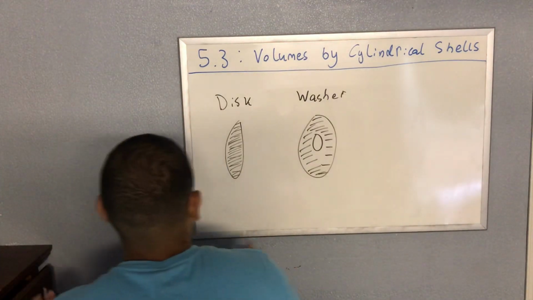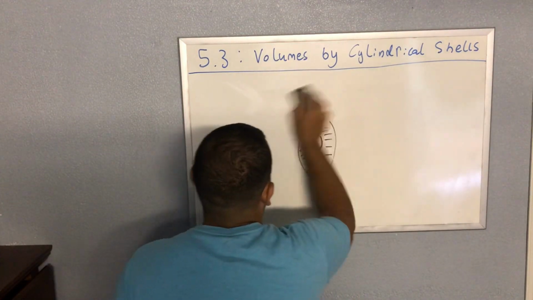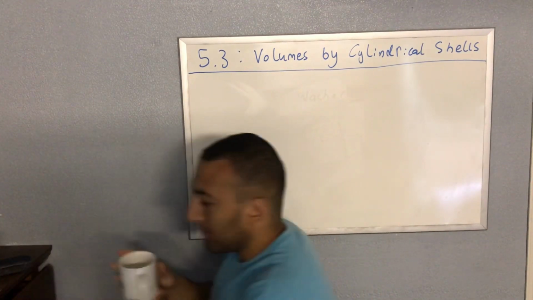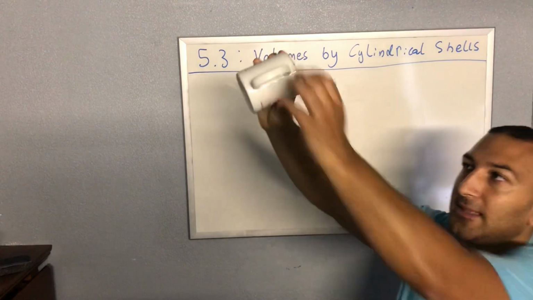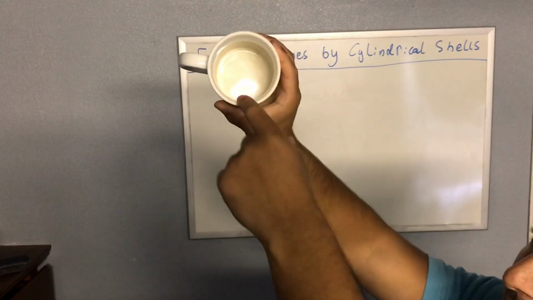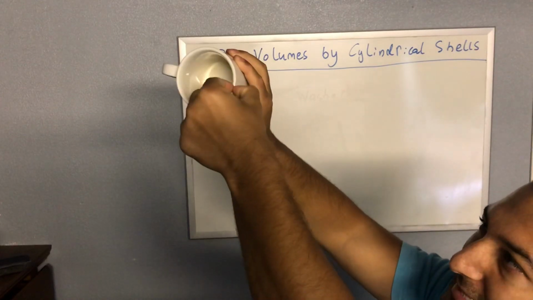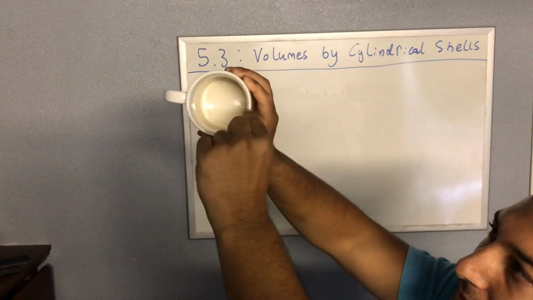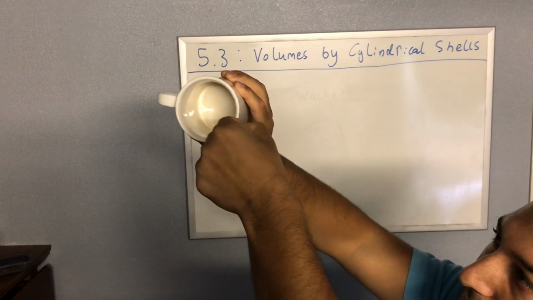And so what is a cylindrical shell? Well, let's think about this cup here. If we take the handle away, ignore the handle, notice that the inside is basically empty, and it has a very thin, not so thick, but very small thickness to it.